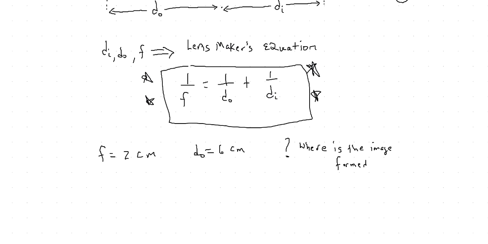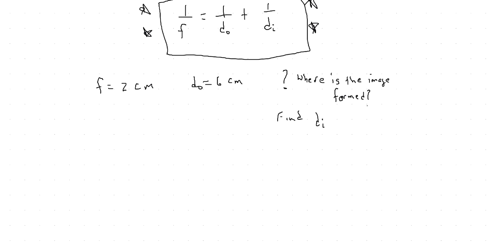In other words, we want to find di. Well, we go to our lens maker's equation, 1 over f is equal to 1 over do plus 1 over di. We know f is 2, so we have 1 over 2 equals, well, the object distance is 6, so 1 over 6 plus 1 over di.